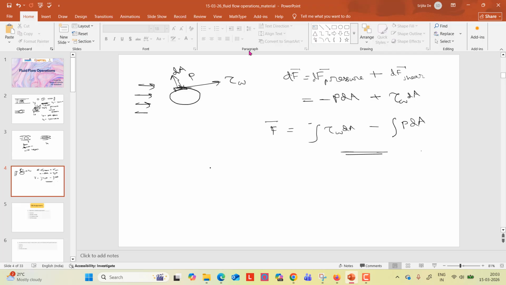So this is the parallel portion, and this is the perpendicular portion. The parallel one, in the direction of the relative velocity, is the drag, and the perpendicular one is the lift.